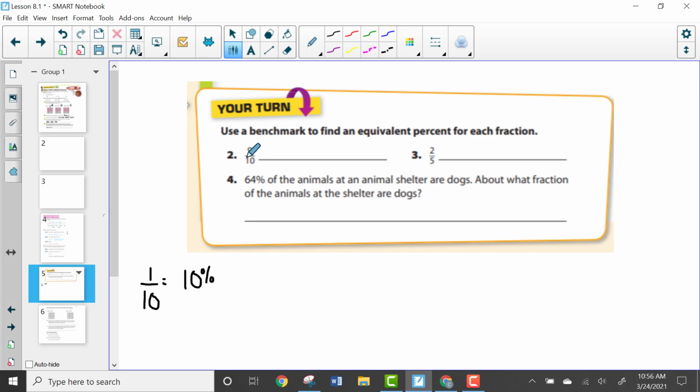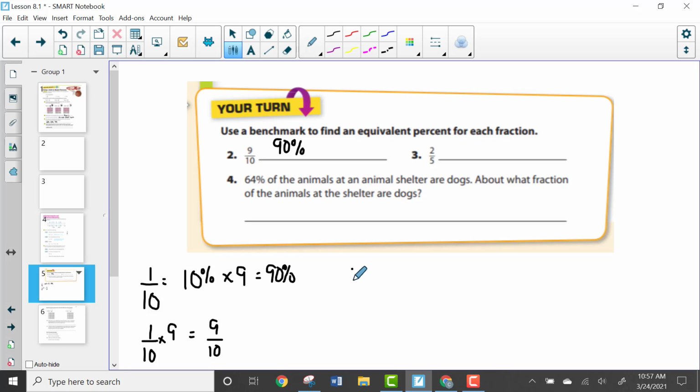If we have 9 of these, we need to multiply that 10% times 9, because 1/10 times 9 gives us 9/10. Therefore, we multiply the percentage by 9, and that gives us 90%. So 9/10 gives us 90%. Again, this is just one strategy that you can use.